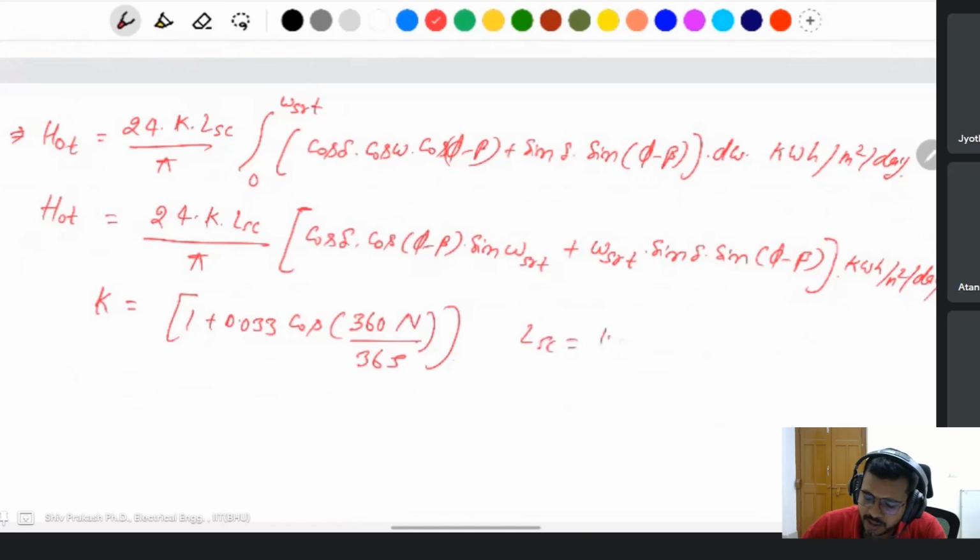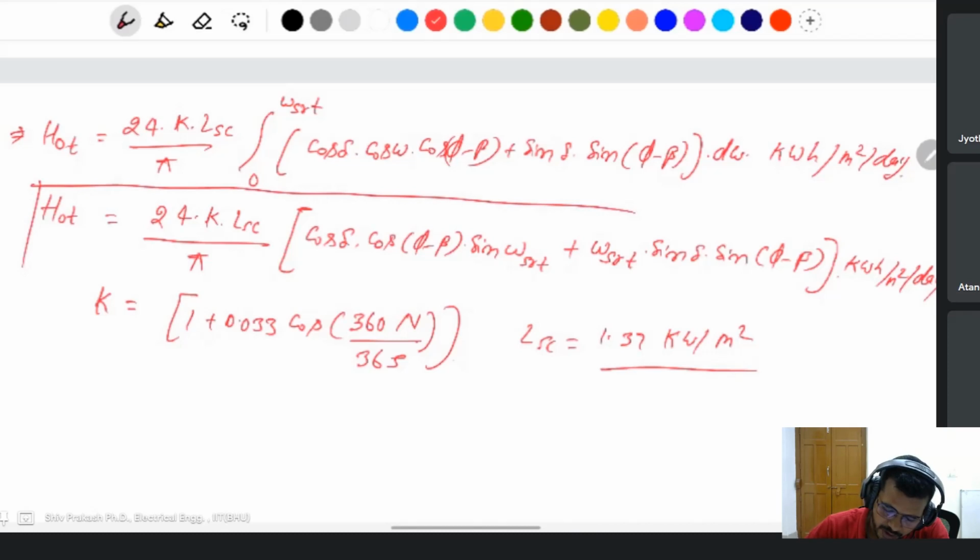Isc is the standard solar constant, 1.37 kilowatt per meter square. This is the daily energy when the surface is tilted.